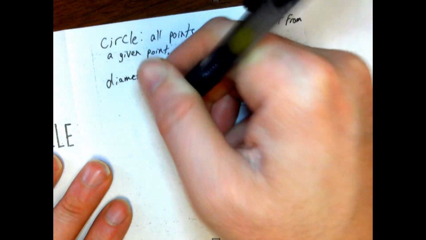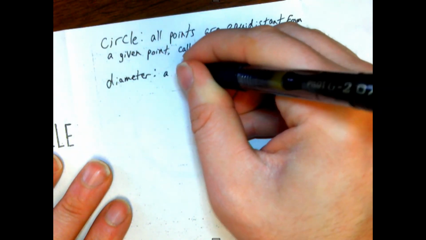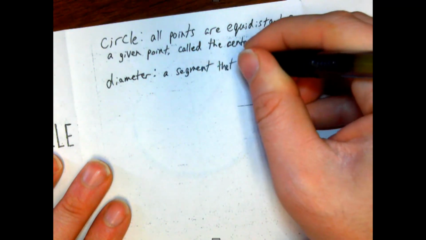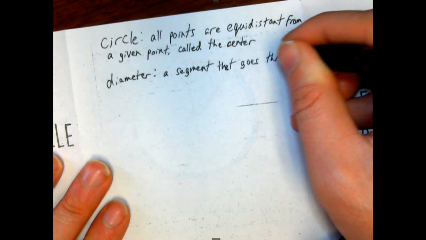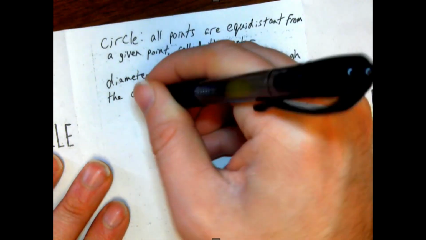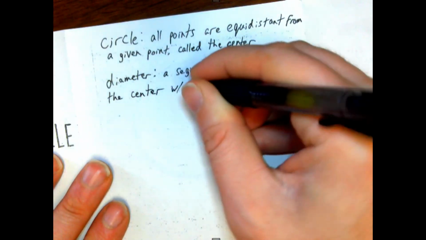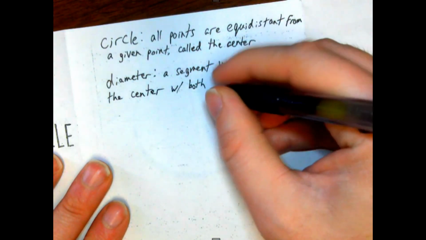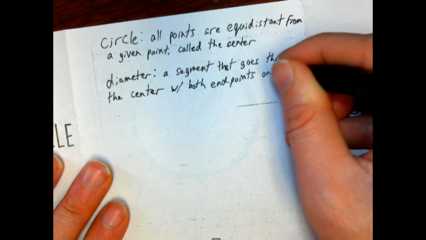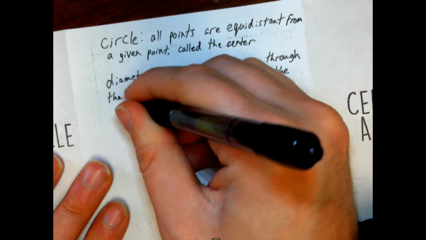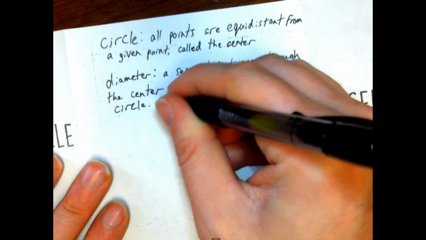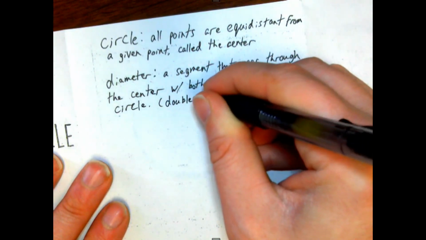A diameter is a segment that goes through the center with both endpoints on the circle. The diameter is double the radius.